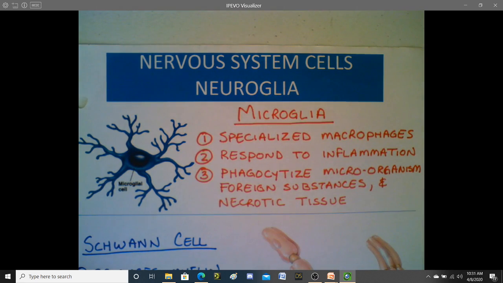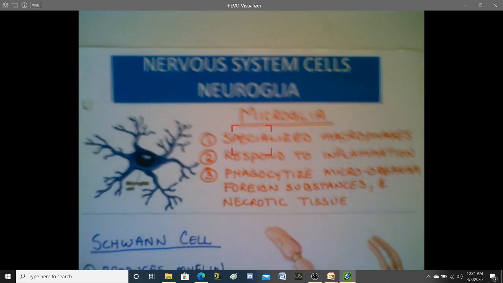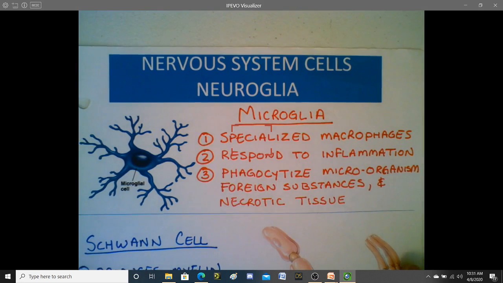Because they can't get into the central nervous system, your central nervous system is challenged with protecting itself. So the nervous system itself has its own immune cells, and they're called microglia.